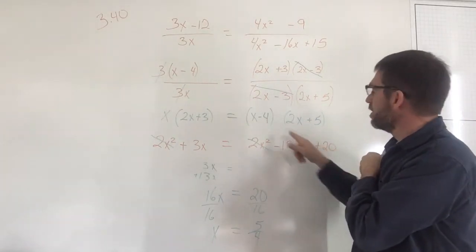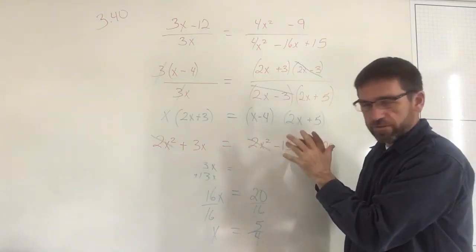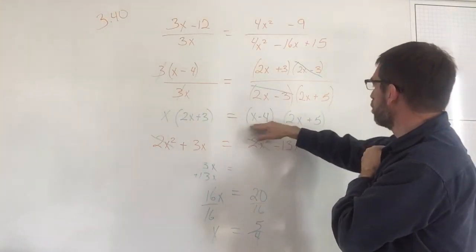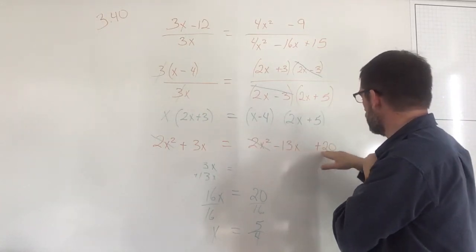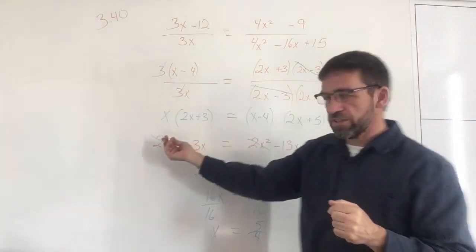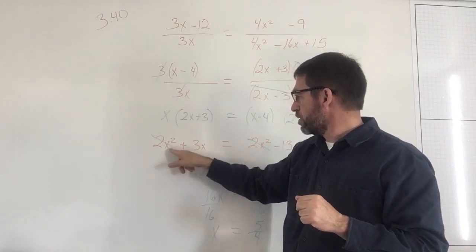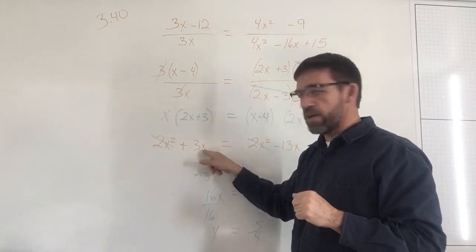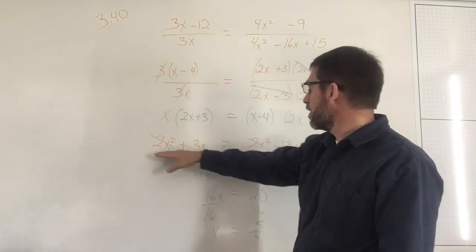Now it should have been negative 20 in my way of thinking, negative 4, negative 5, but I'm not sure how that is. On this side over here, they went x times 2x, which made 2x squared, and x times 3 makes me 3x. I understand how they did that. That makes sense.